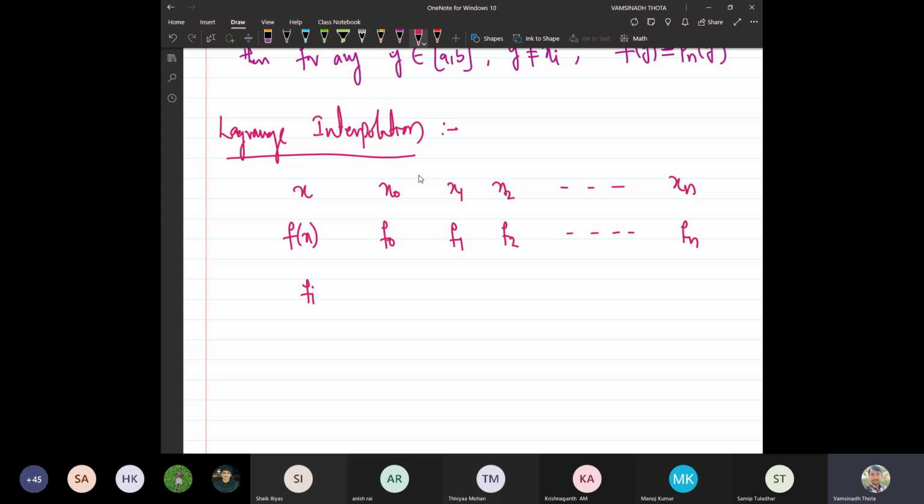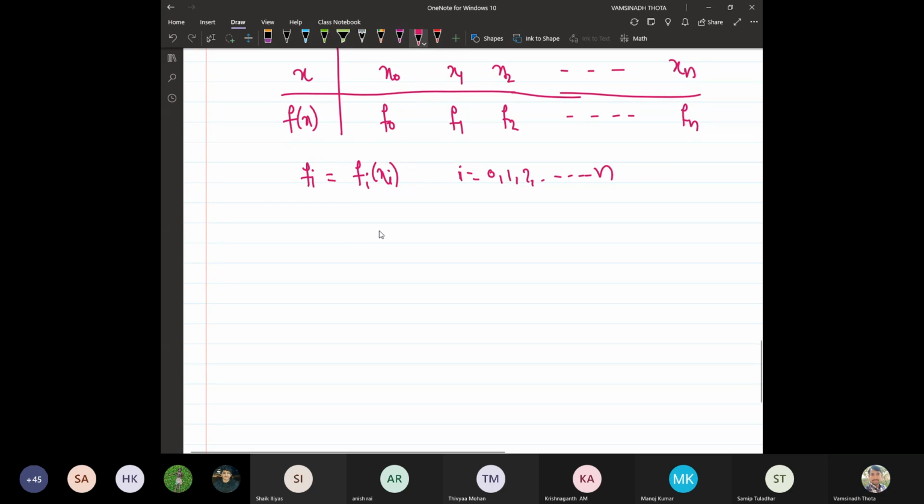Here, fi means f at xi, for i equal to 0, 1, 2 and so on n. So how many nodal points are there? n plus 1 nodal points are there.